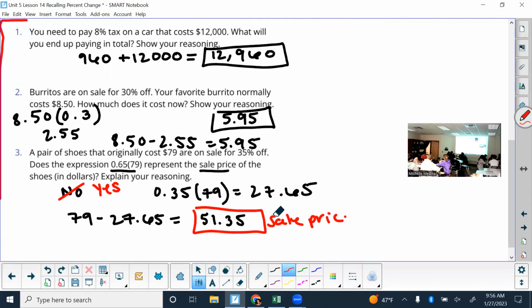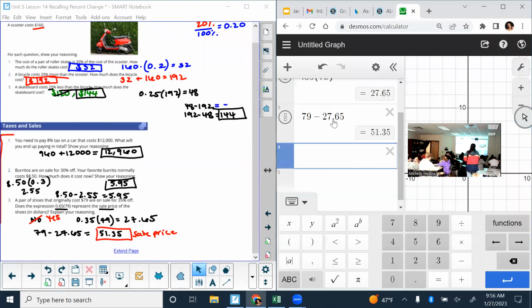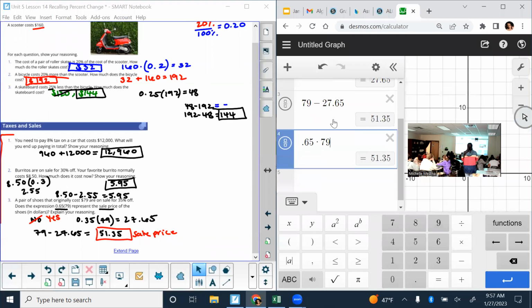The question asks if 0.65 times 79 represents my sale price. Does it? Class? Yes. And if you want to verify in your calculator, do the 0.65 times 79, you do get the same amount.